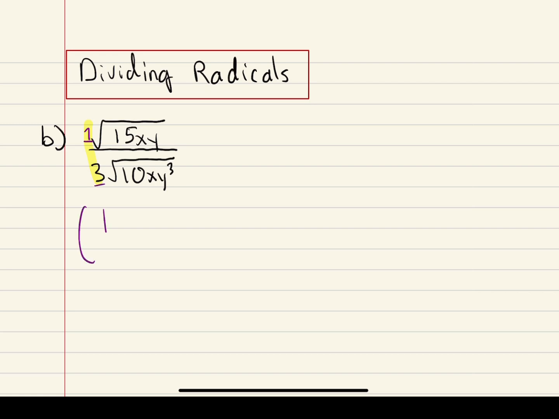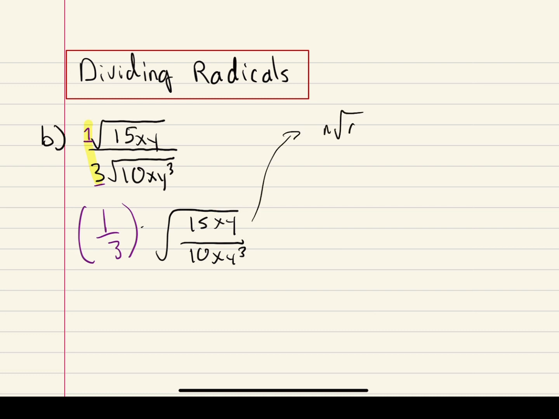So I'm going to go 1 over 3 multiplied by 15xy over 10xy^3. And again, what I'm doing here is I'm applying the property of n root a over n root b is going to be equal to 1 giant root of a over b.